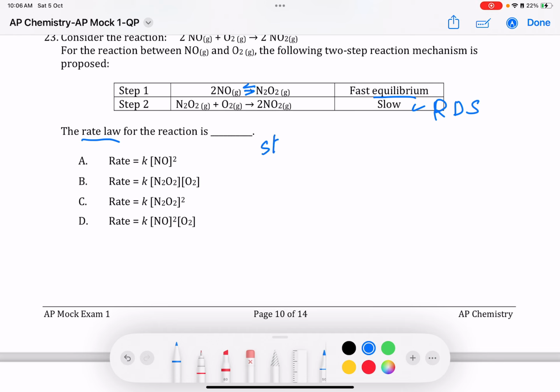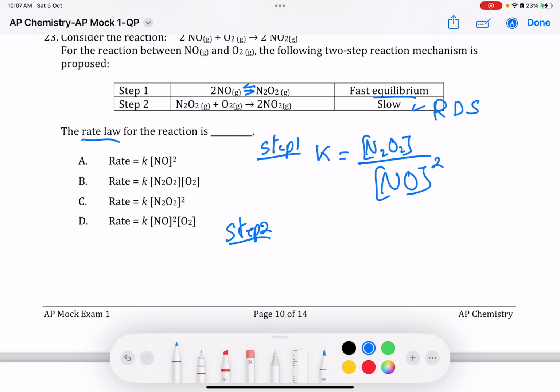So from step 1, we can write K equilibrium to be N2O2 over NO squared, because this is an equilibrium. Now from step 2, we can write the formula of the rate law.